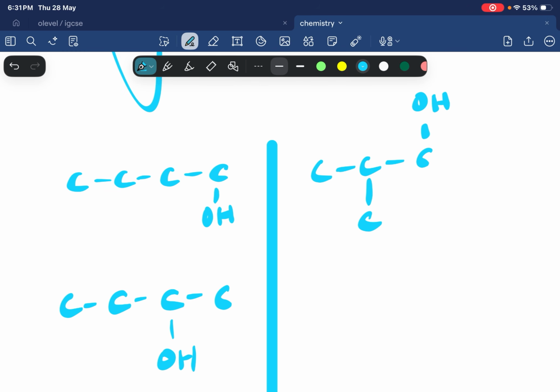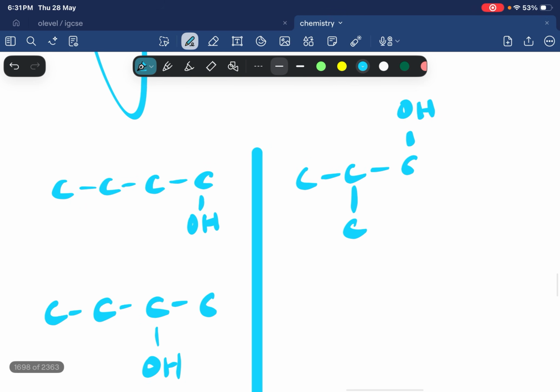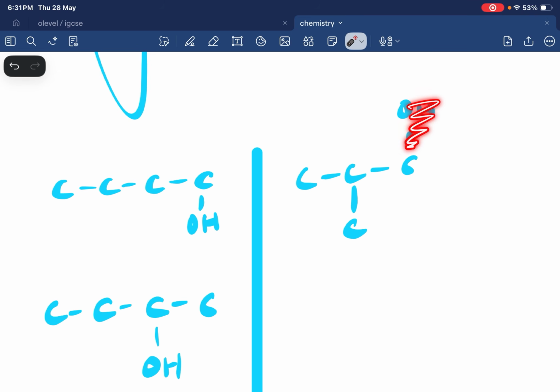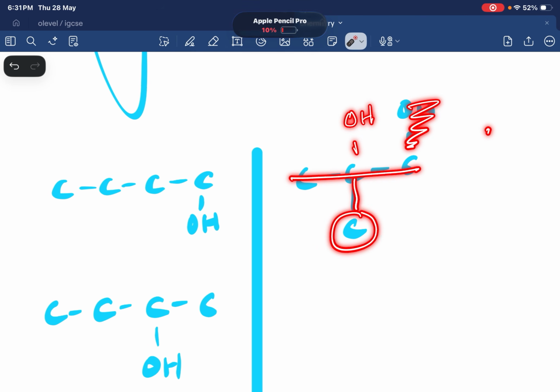And then, can I draw another one? Let me see. What if I put the OH here? What if I do this? Then 3 carbons here, 1 carbon here.